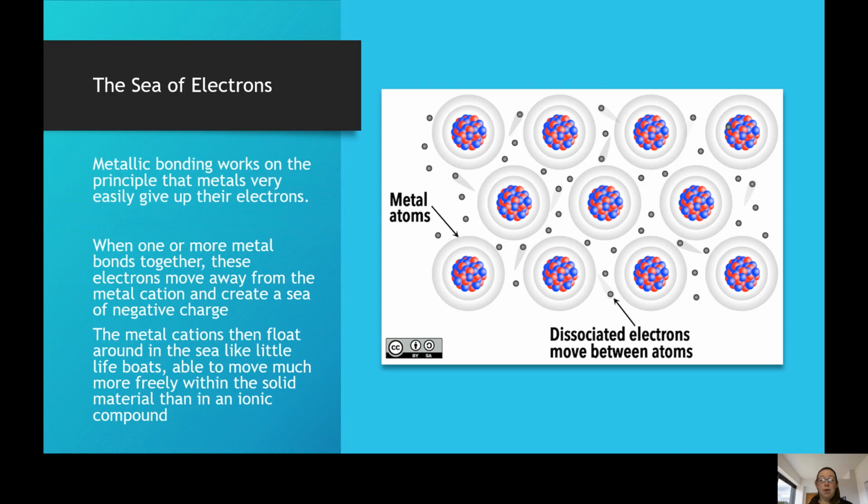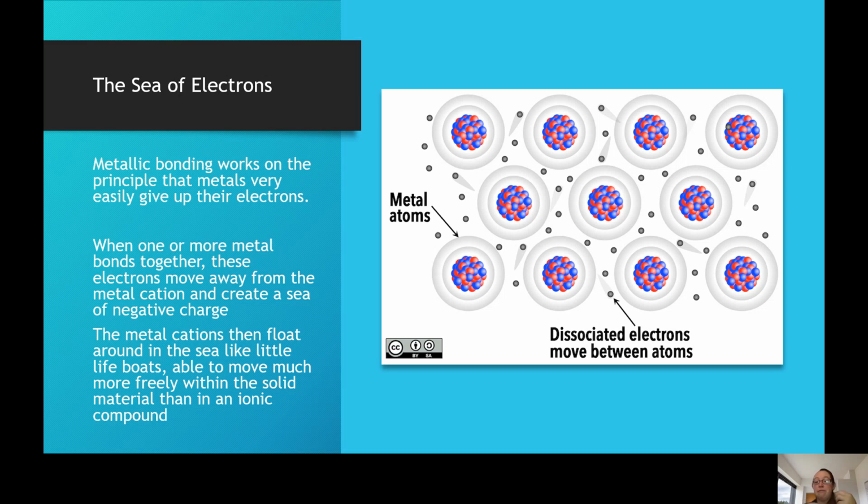All right, so metallic bonding works on the idea that metals easily give up those electrons, especially those transition metals, because they'll give them up not just from the outside, but from those inner D and F shells. So when one or more metals bond together, these electrons move away from that center positive metal cation, and they create kind of like a sea.